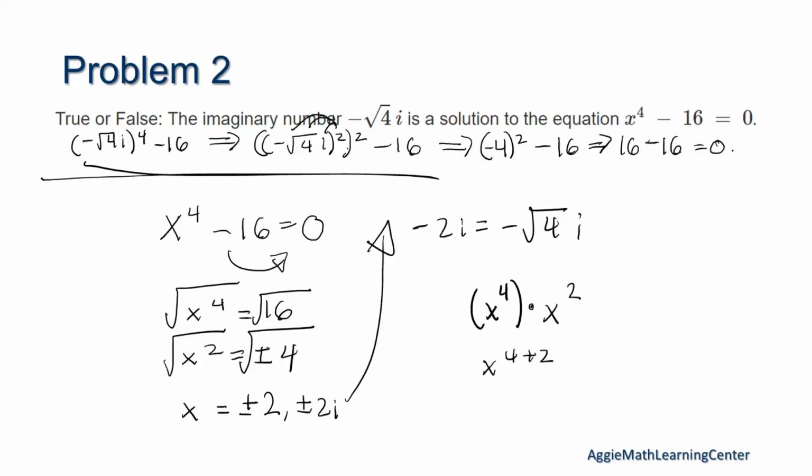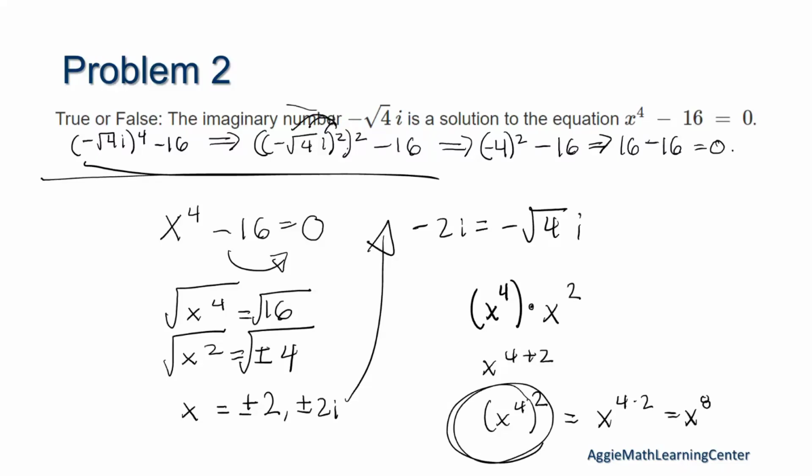If we want to multiply the exponents together, we have to apply the exponent to the entire term. So x to the fourth to the second power, now we can multiply them together. X to the 4th times 2 is equal to x to the 8th.